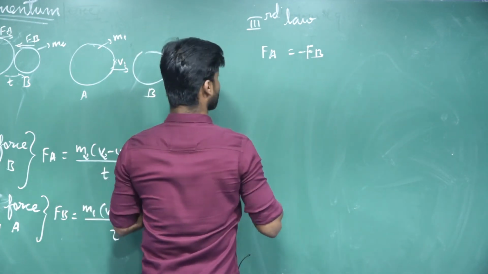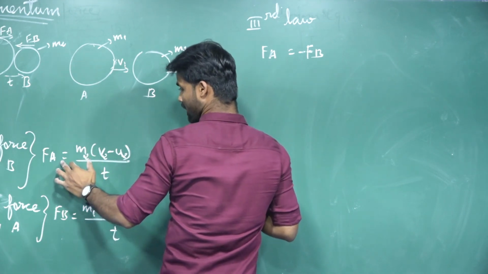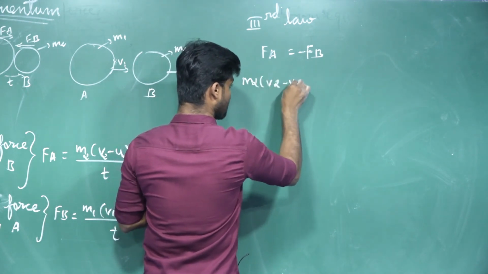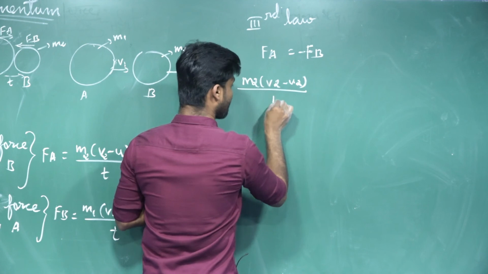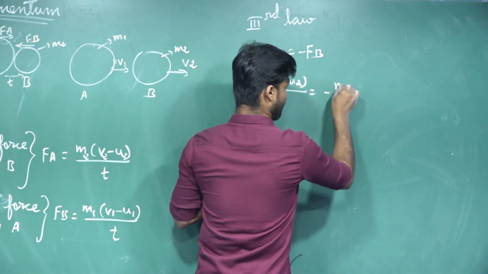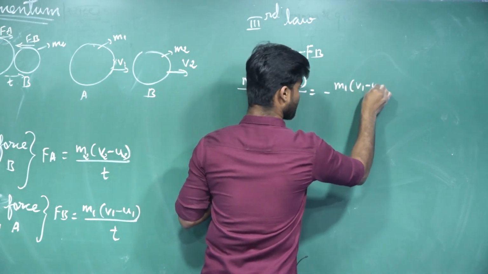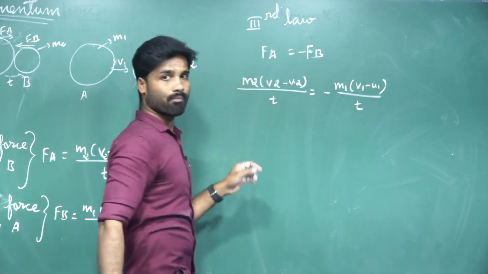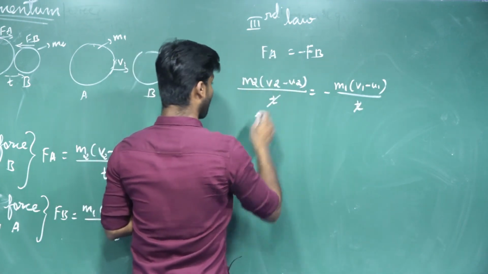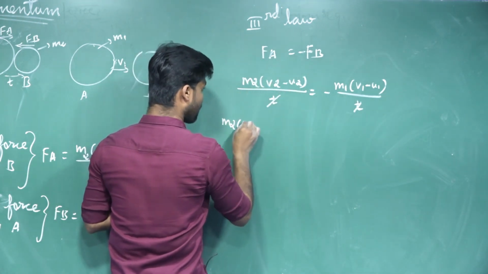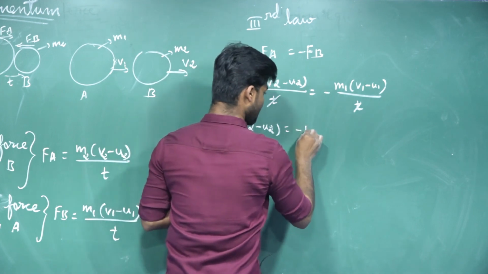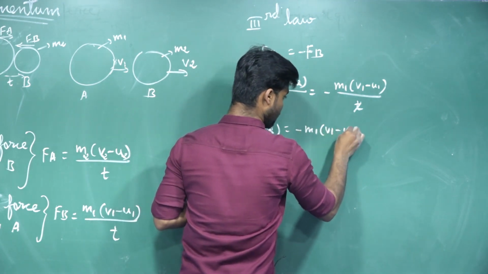Now take these values and substitute them in the formula. We already found the value of FA: M2 of V2 minus U2 divided by T, equal to the value of FB, which is minus M1 of V1 minus U1 divided by T. T is common here, so T gets cancelled. Now write these separately: M2 of V2 minus U2 equals minus M1 of V1 minus U1.